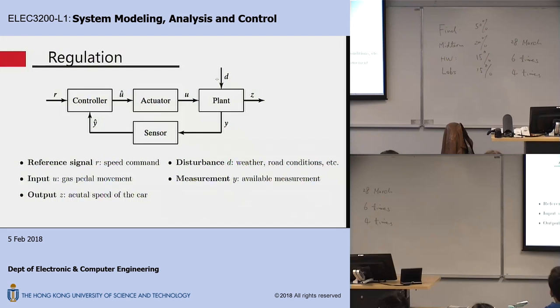So that's probably the only difference when you compare regulation and stabilization. This difference is kind of crucial. It makes the controller more complicated, because the controller has to take two pieces of information and send out one control signal.